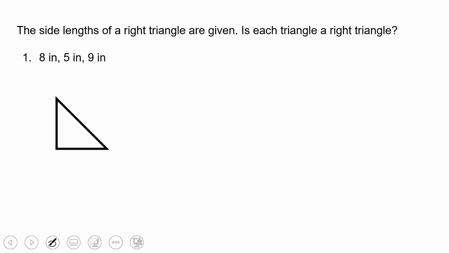Now I know that I need to label these numbers here. So I'm going to do A, B, C so that I can plug these numbers into the formula to see if it is a right triangle. That's what I'm trying to prove. So I'm going to use this as A. I'm going to use this as B. And I'm going to use this as C.